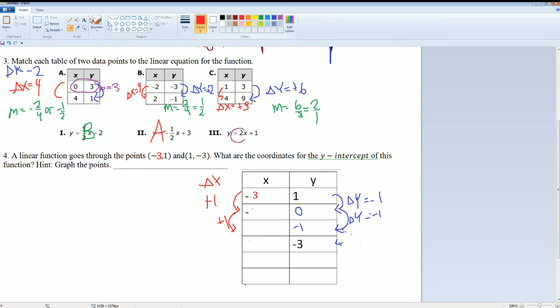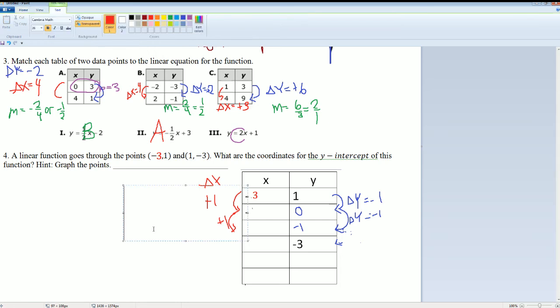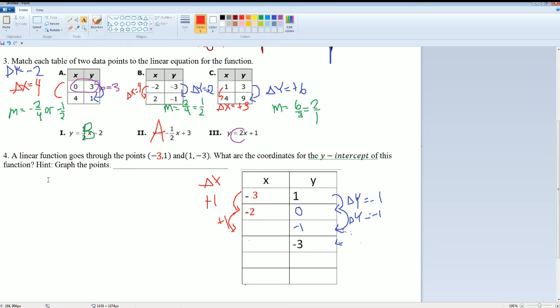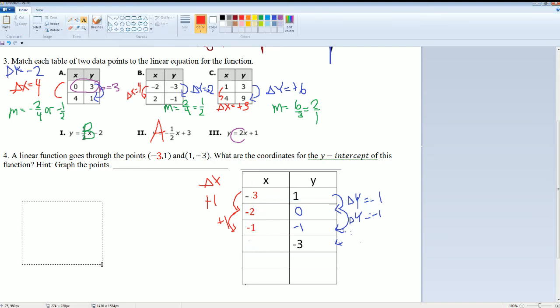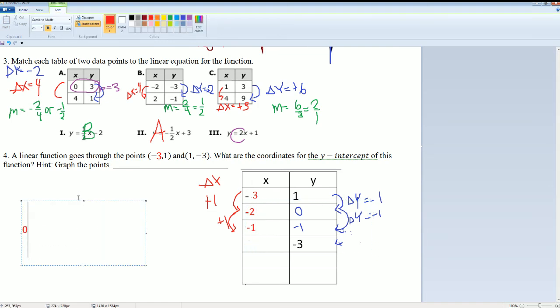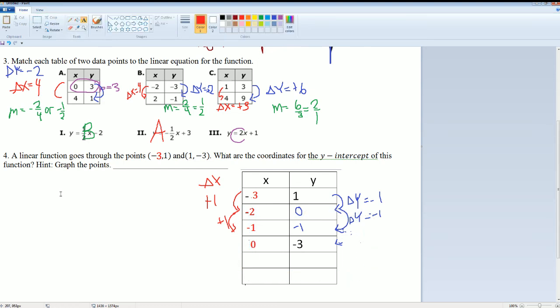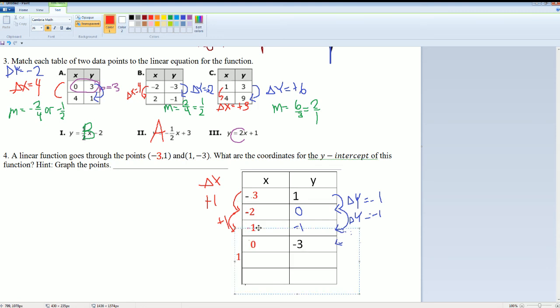So here the next values would have been -2, then it would be -1, then it would be 0, then it would be 1.